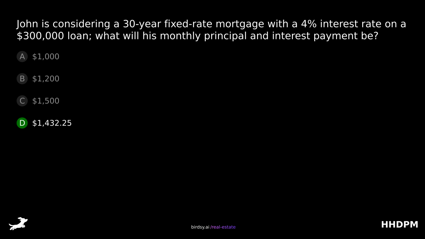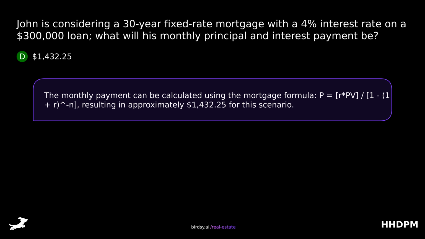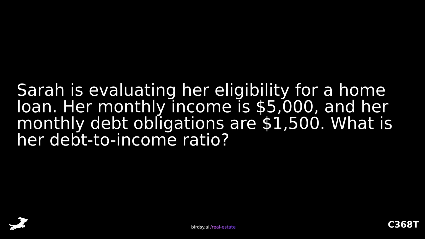The answer is D, $1,432.25. The monthly payment can be calculated using the mortgage formula P equals R times PV divided by 1 minus R to the power of negative N, resulting in approximately $1,432.25 for this scenario.